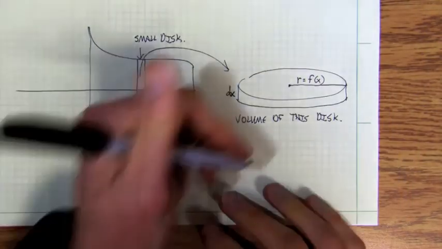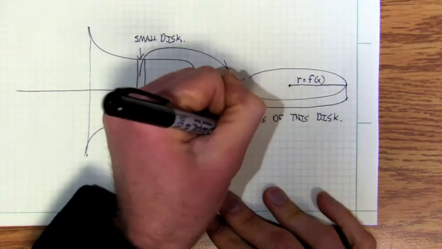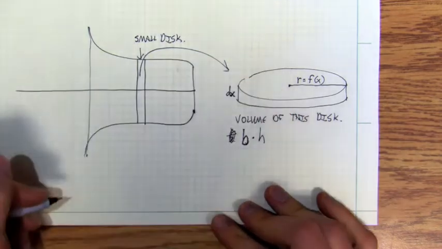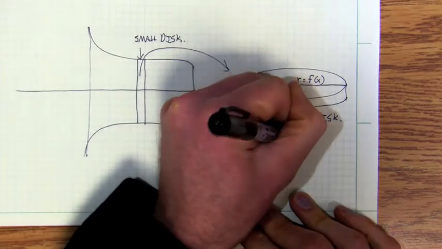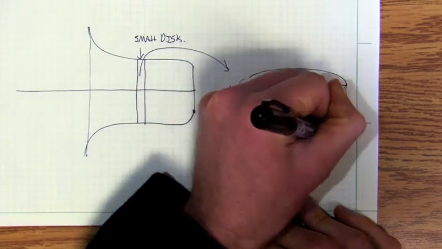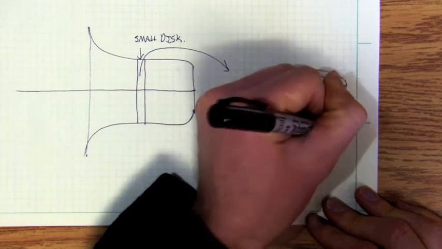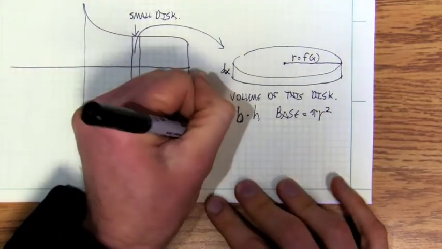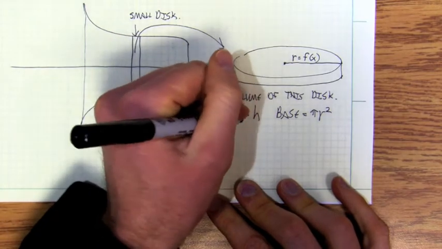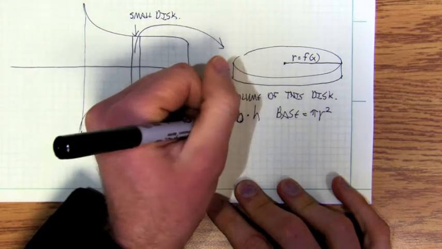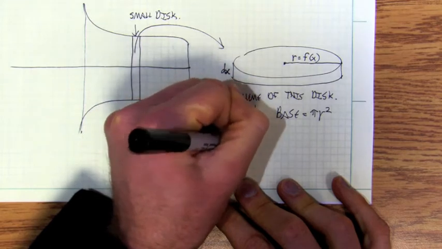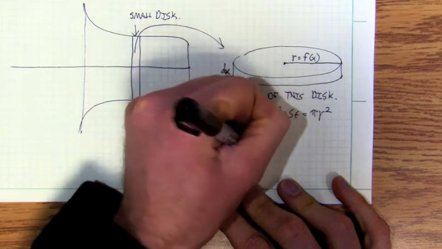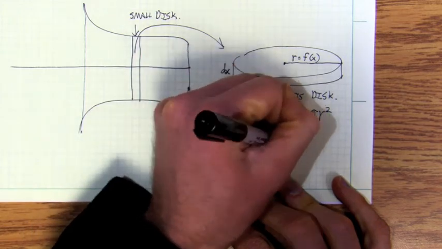Okay, so now the volume of this disk is just going to be base times height. The base is going to be pi r squared. So the volume of this disk is going to be pi f of x squared times dx.